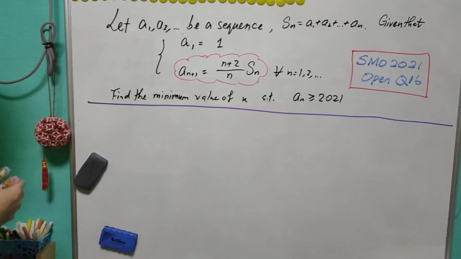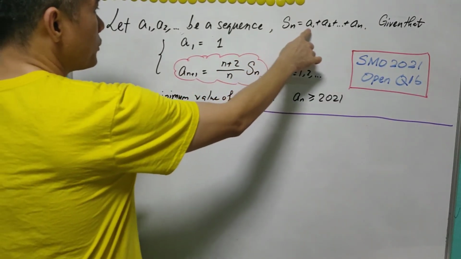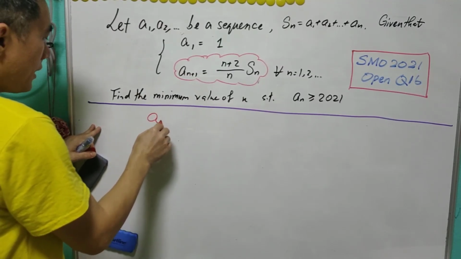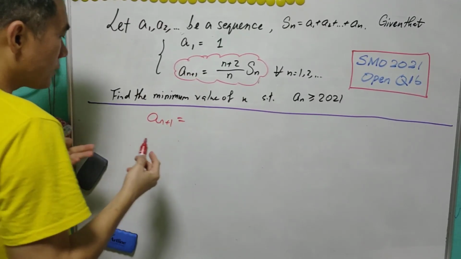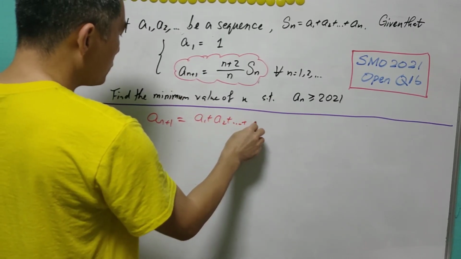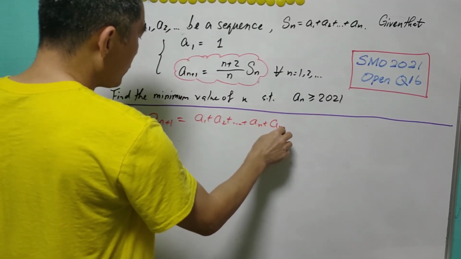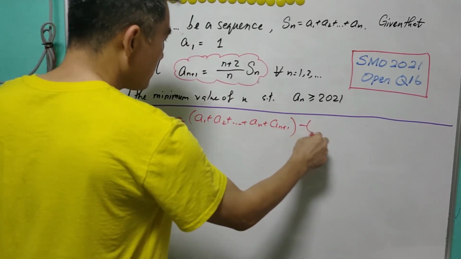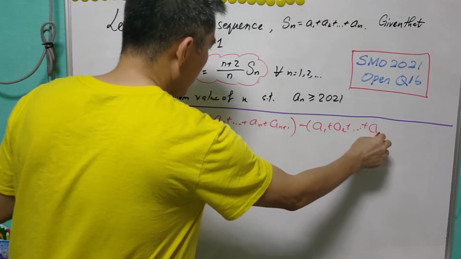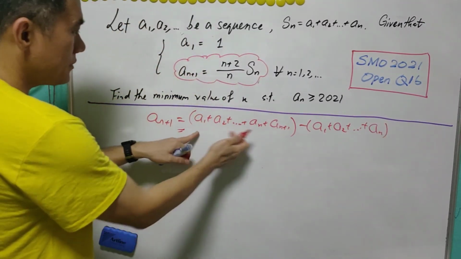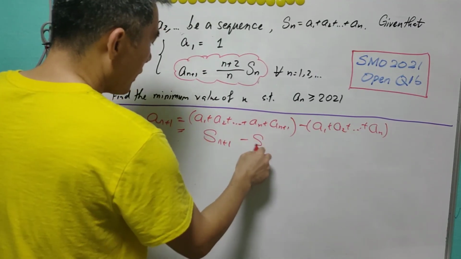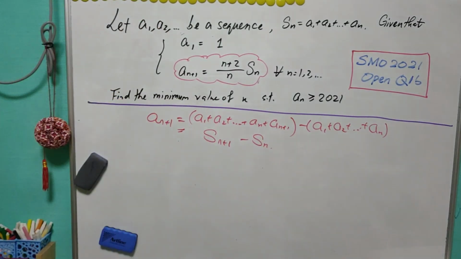Now, what I mean here is that Sn is equal to the sum of the first n terms. Then, what is a(n+1)? a(n+1) will be equal to a1, a2, all the way to a(n+1), minus a1, a2, up to an. And this is equal to S(n+1) minus Sn.